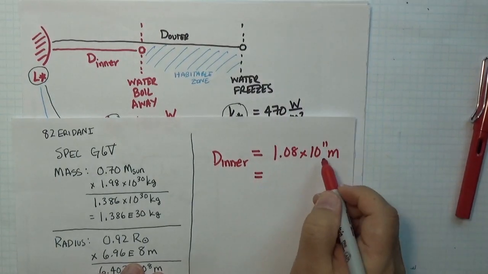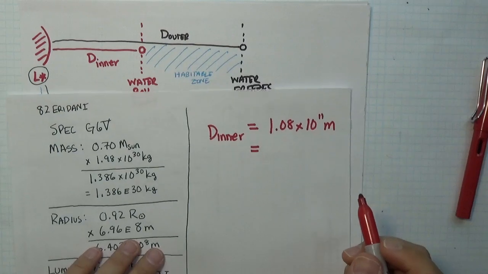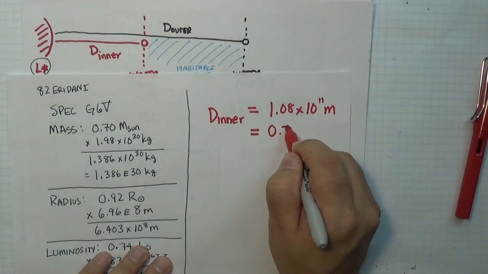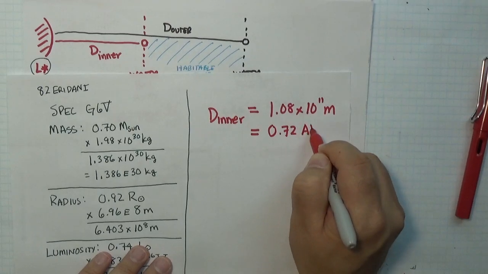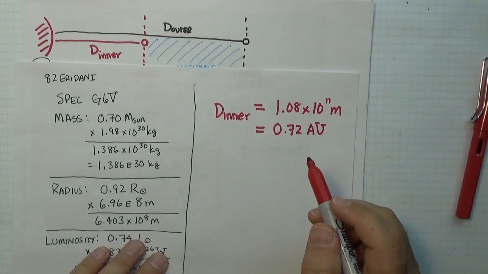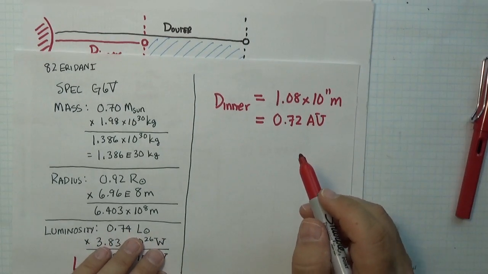And since I don't like writing out exponents all the time, I will convert that into astronomical units. That is 0.72 astronomical units. So that's a bit closer to 82 Eridani than the Sun is to Earth.